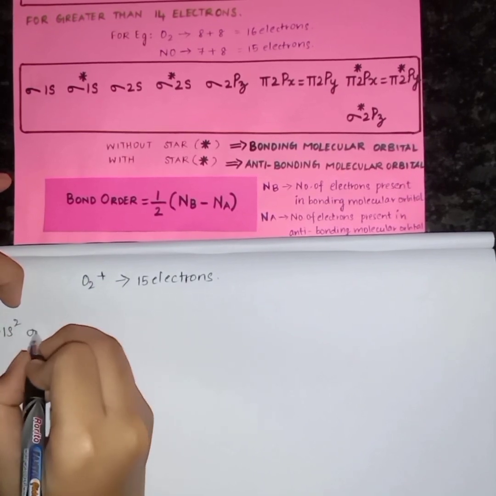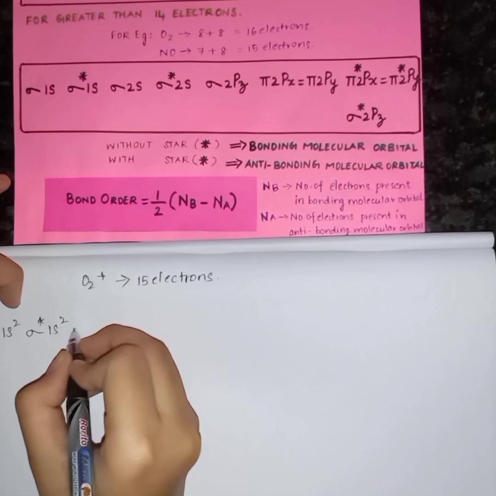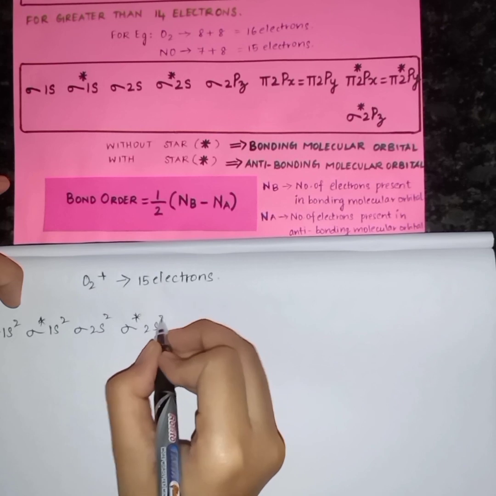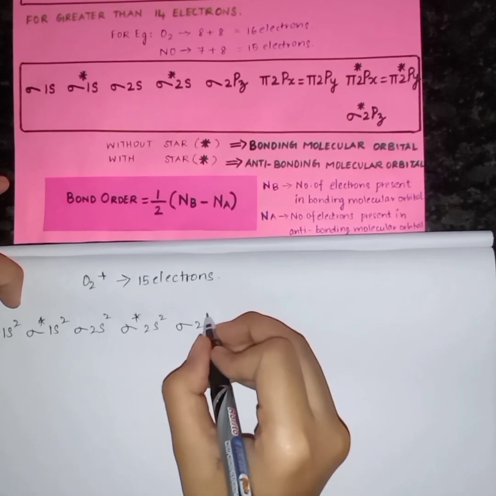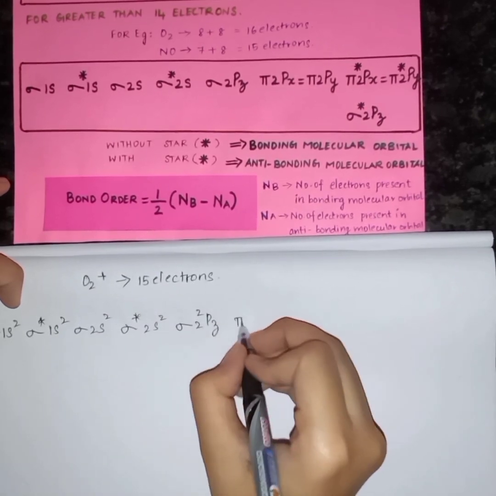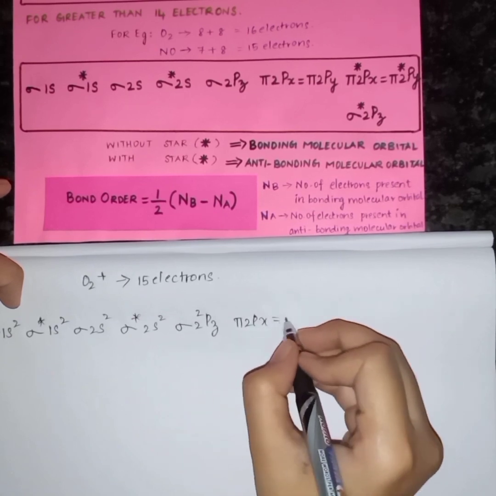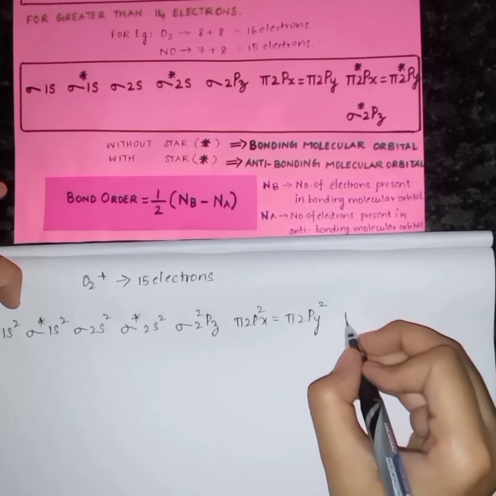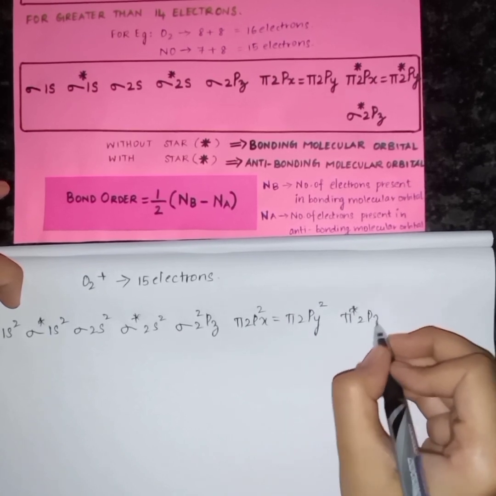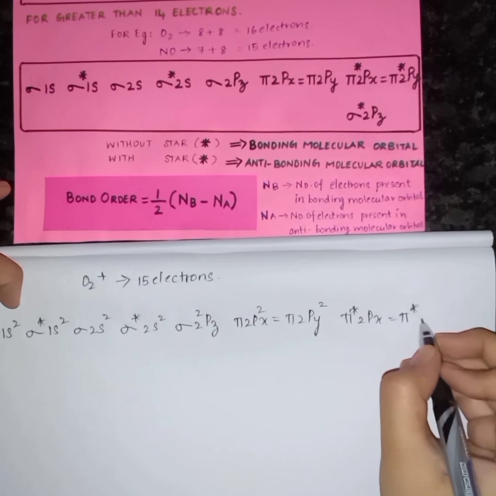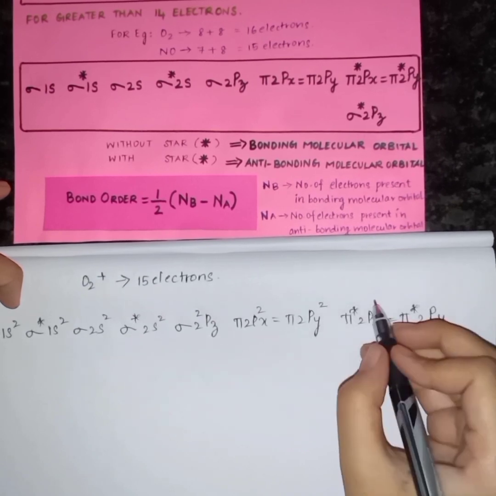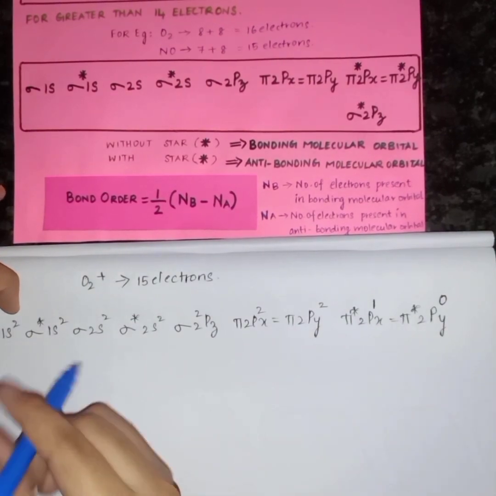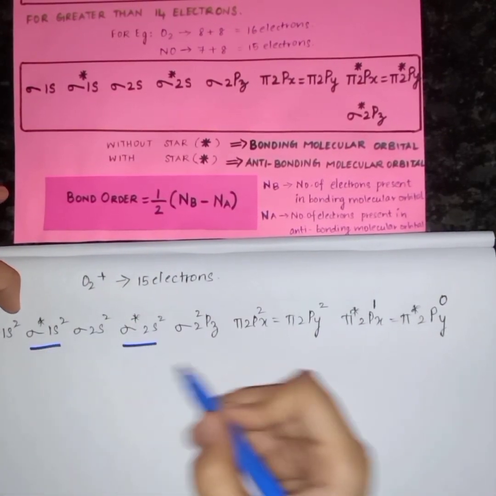Sigma 1s2, sigma star 1s2, sigma 2s2, sigma star 2s2, sigma 2pz2, pi 2px is equal to pi 2py 2. Here pi star 2px is equal to pi star 2py. Here 1 electron, here 0 electrons. These are the anti-bonding molecular orbitals.